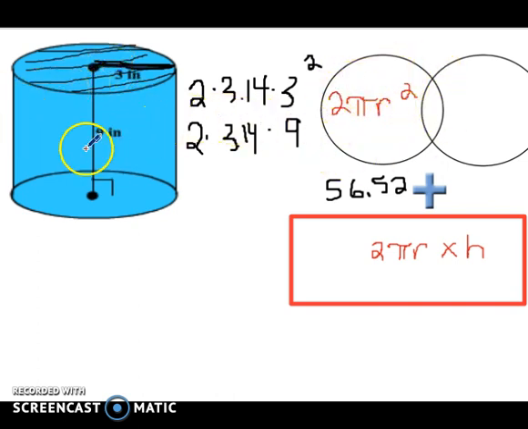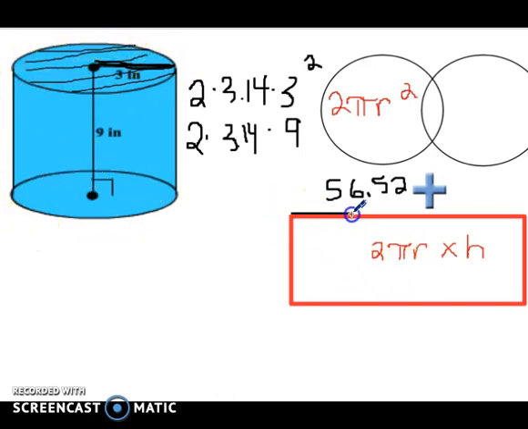Now we're going to find the area of the rectangle. Remember, when we looked at our videos, we saw that when we unroll this label, this top part and this bottom part were actually wrapped around this. So they were a circle. Both of these were a circle before we flattened it out.